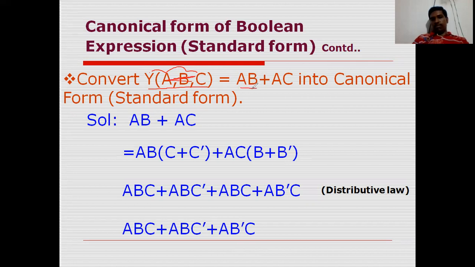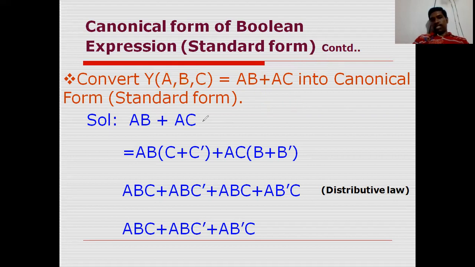But here C is missing and here B is missing. So in each and every term one literal is missing. Therefore, the given expression is a normal form. Now I need to convert this normal form into canonical form. Please carefully observe how to convert.